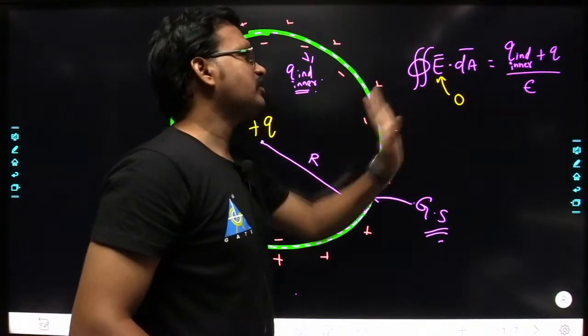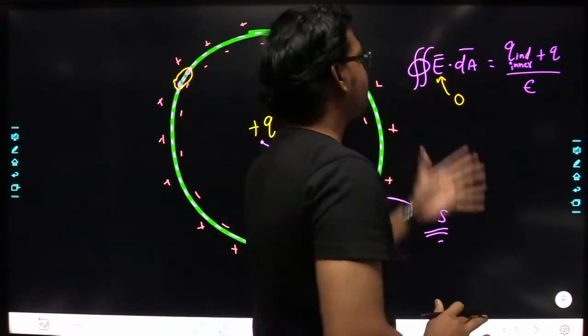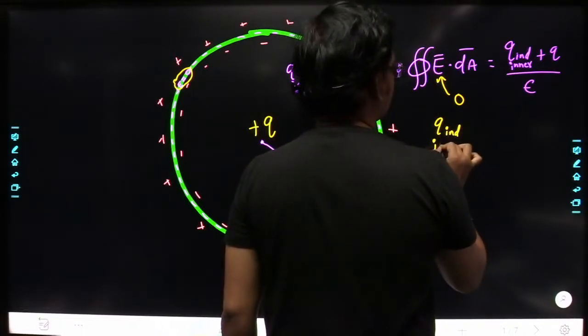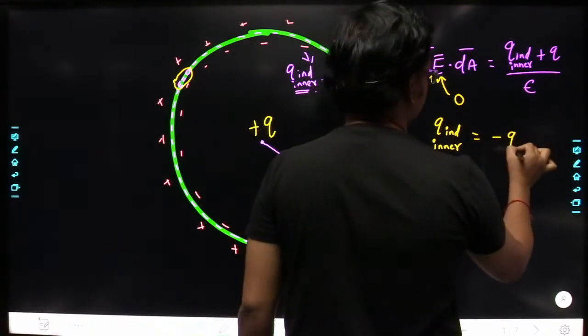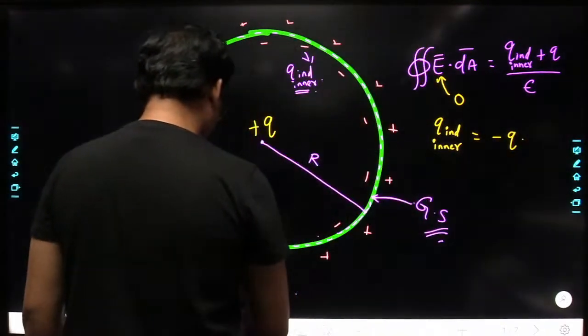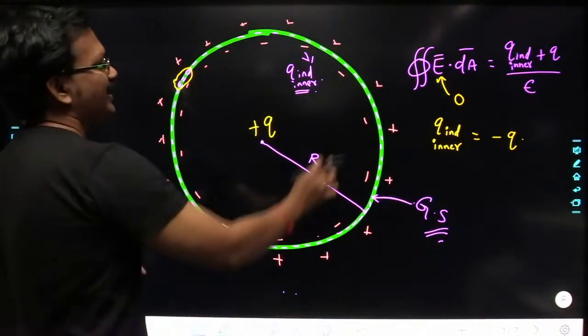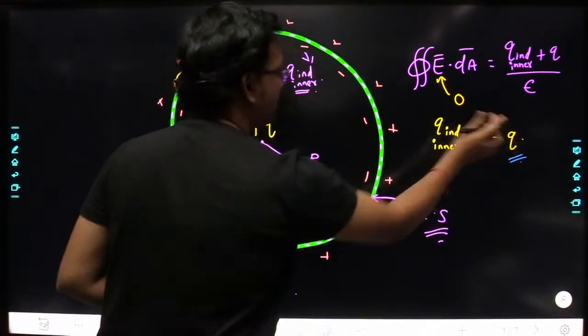If you put the electric field equal to 0, then this term becomes 0, and so Q induced inner will become equal to minus Q. That means whatever charge is induced on the inner side of the conducting material is equivalent to minus Q.